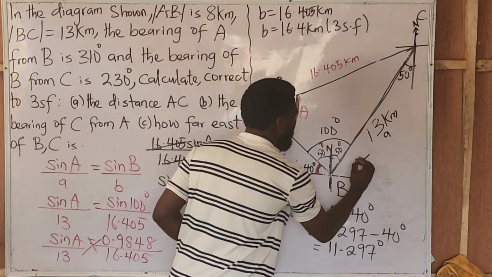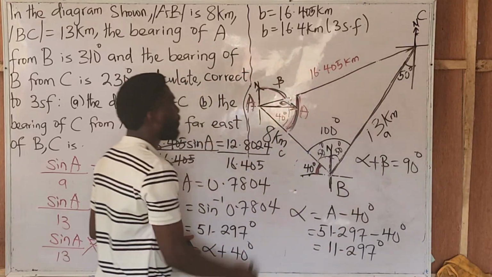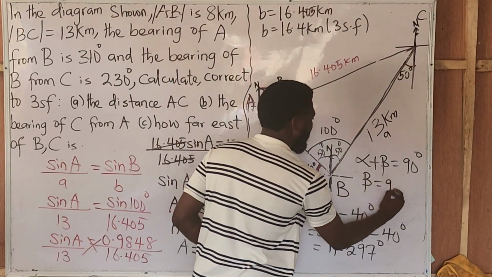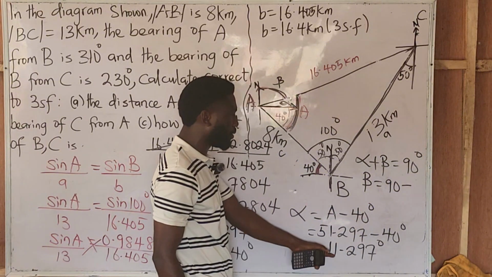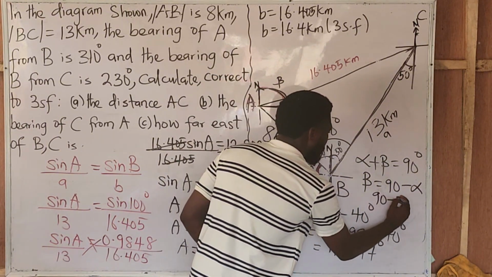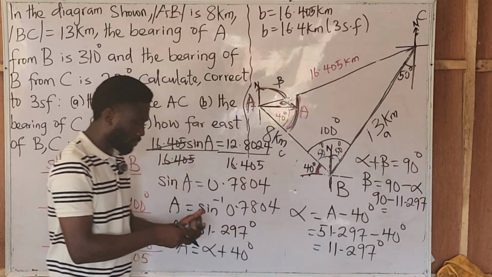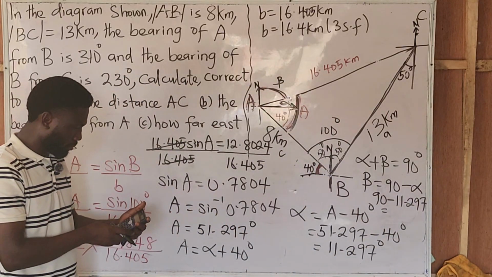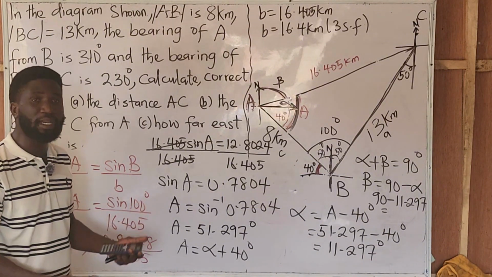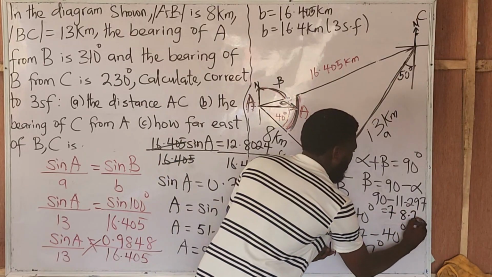So if I have alpha plus beta to be 90 degrees, and we want to get the beta now, so this now will give us 90 minus what? Alpha, which is 90 minus 11.297. And that will give us 78.703.